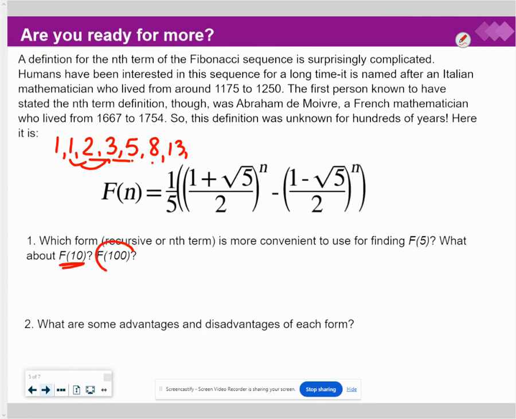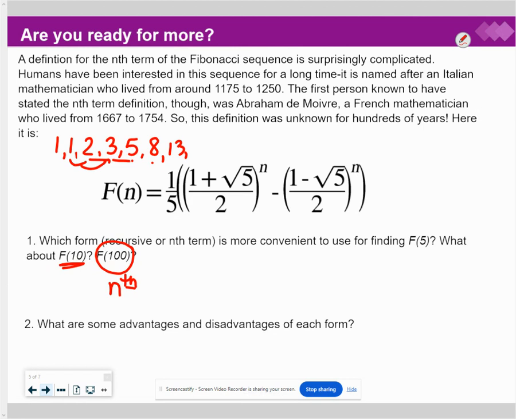However, when we get to something like this, the 100th term, most people don't want to write out 100 numbers to get to that term. So even though this is kind of messy, probably for this one, we would want to use the nth term, right? For just a couple of numbers, the recursive one is fine. The nth term is going to be a lot easier when we get to big numbers.